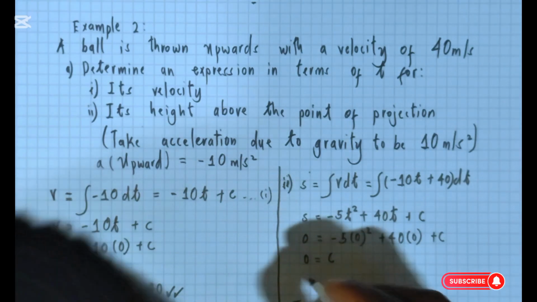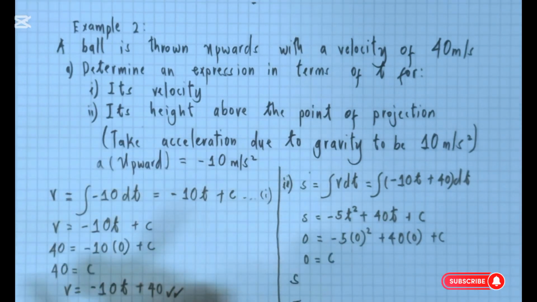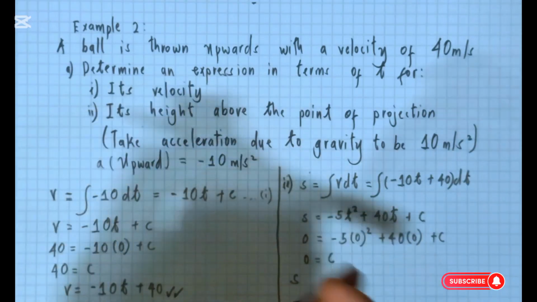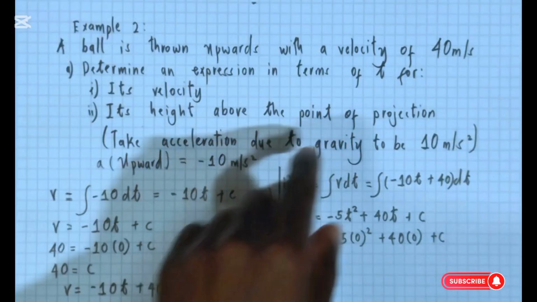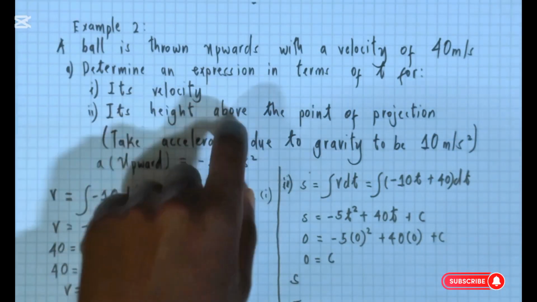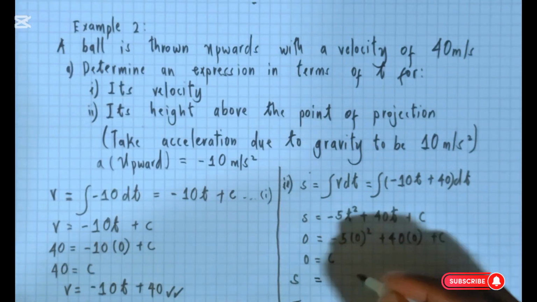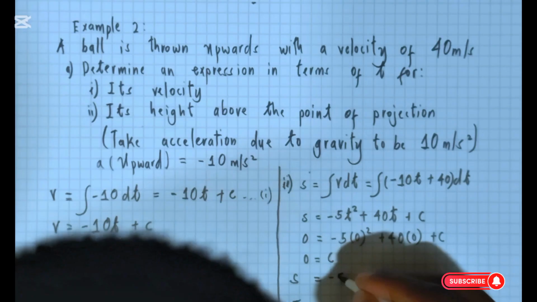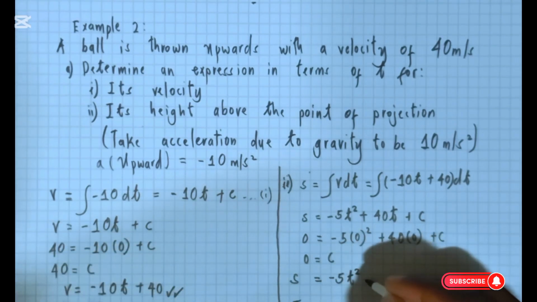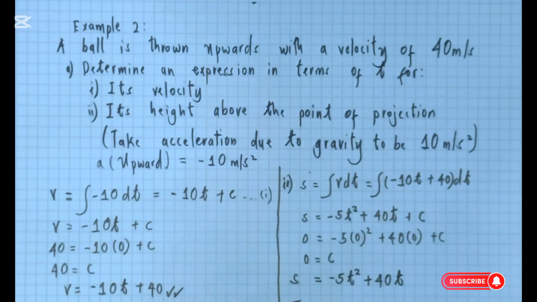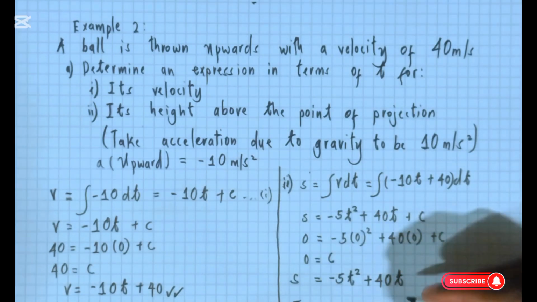Hence, the expression describing the distance of the ball at the point of projection, or the height of the ball above the point of projection, will be given as s equals negative 5t squared plus 40t, since the value of c there is equal to 0.